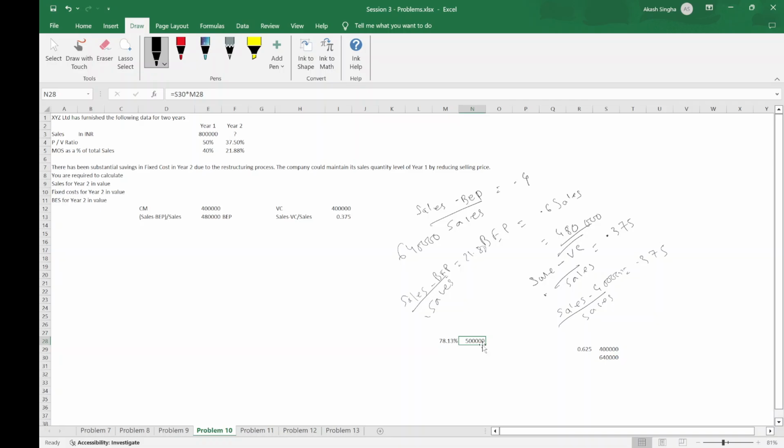Okay, and fixed cost for year two in value. So fixed cost is the break-even point sales minus variable cost. Okay, so now if we sell 5 lakh, the net income will be 0. And in 5 lakh, we know that variable cost is 4 lakh. So contribution margin is 1 lakh.